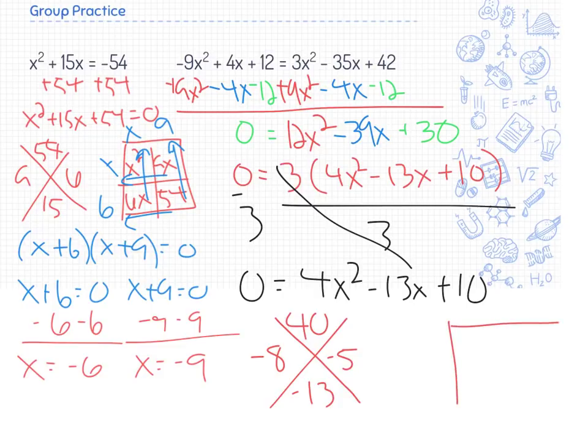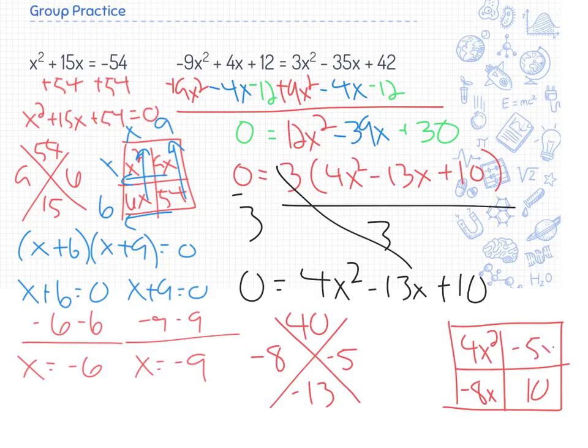Go for the box here. 4x squared, 10, negative 8x, and negative 5x. GCF here is 2, and we have that negative, so we pull that out. Here we get just x.